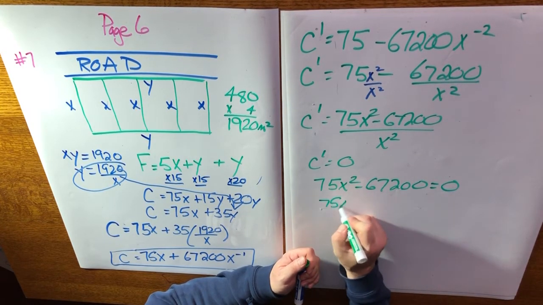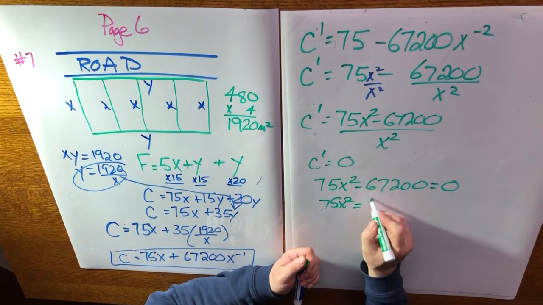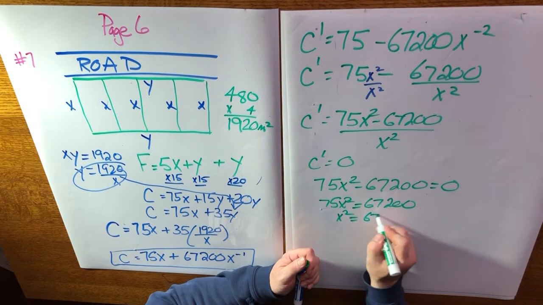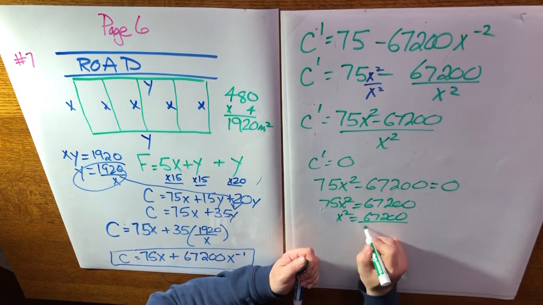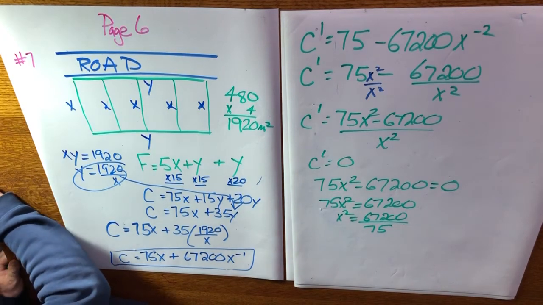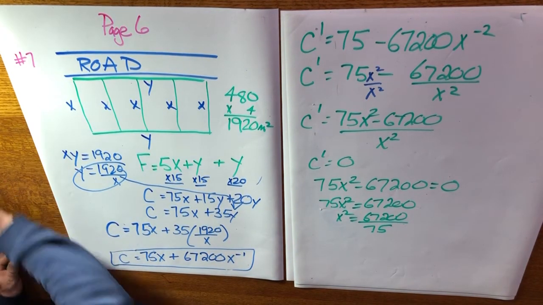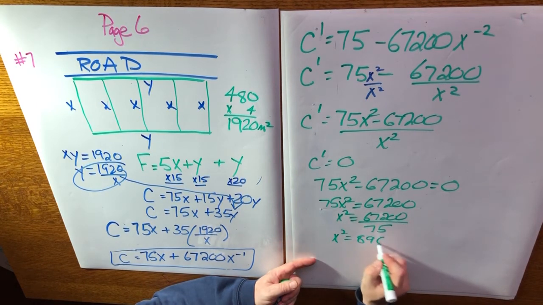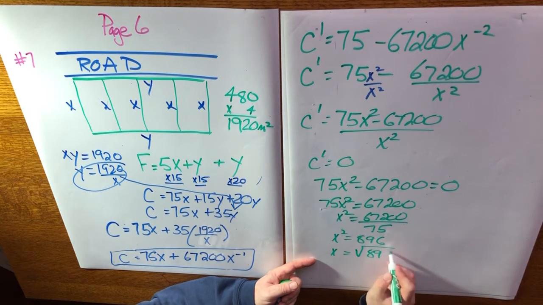So 75x squared equals 67,200. X squared equals 67,200 divided by 75. And that gives you x squared equals 896. X will equal the square root of 896.